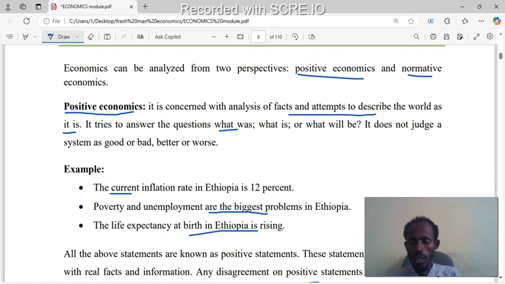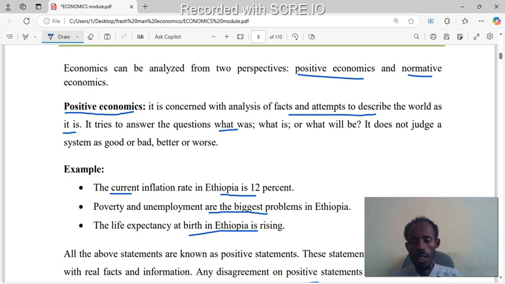For example, there are three statements given here. The first states that the current inflation rate in Ethiopia is 12%. This sentence only describes the current inflation rate of Ethiopia. Whether the current inflation rate is good or not is not described.